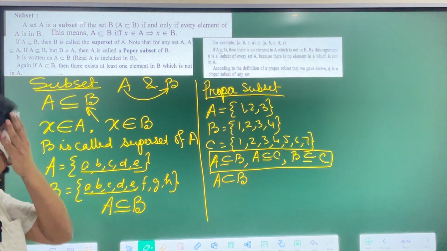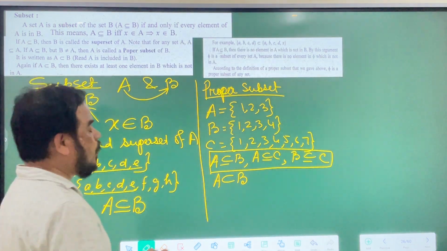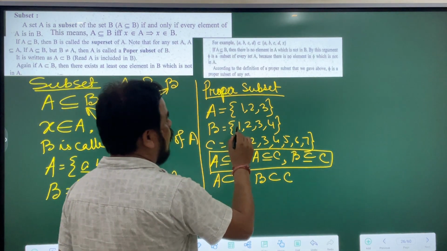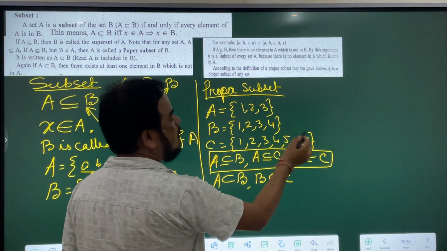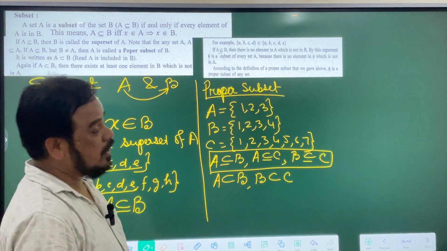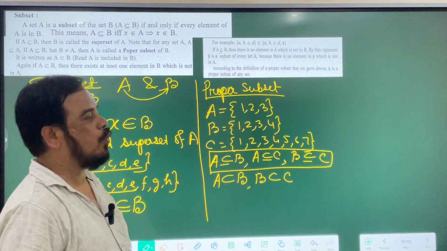Then we can say A is proper subset of B. We also can say B is proper subset of C because all the elements of B are present in C and at least one extra element there is in C. So whenever there is an extra element, we can use the word proper subset.